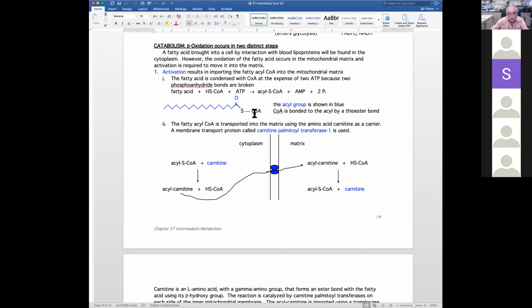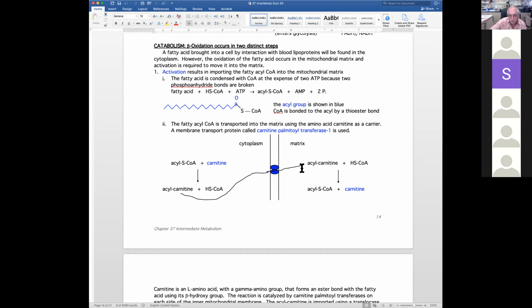So there's an enzyme that takes the activated fatty acid and combines it with carnitine instead of coenzyme A. But if you don't have coenzyme A on it, then this enzyme can't work on it. So now this molecule can come through the transporter.